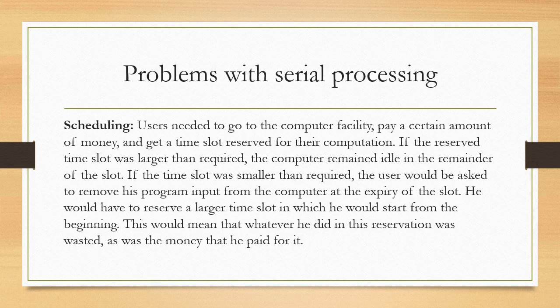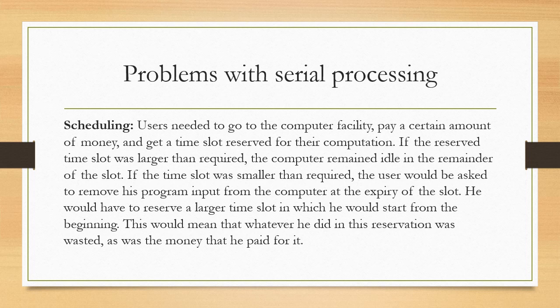We reserved half an hour for our work, but whatever we were supposed to compute finished in 5 minutes. Now, the problem is we paid for half an hour and we have nothing to do with it, so that money is lost. And since we have been scheduled on this machine for half an hour, nobody else can use this machine because this time has been reserved for us.